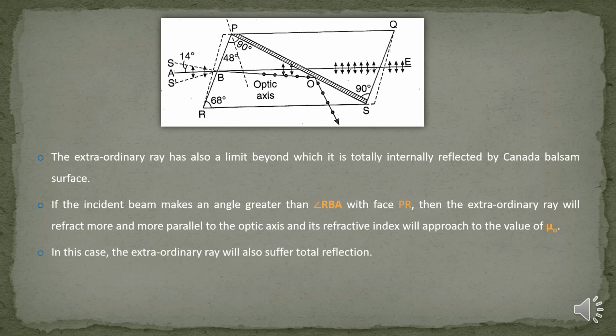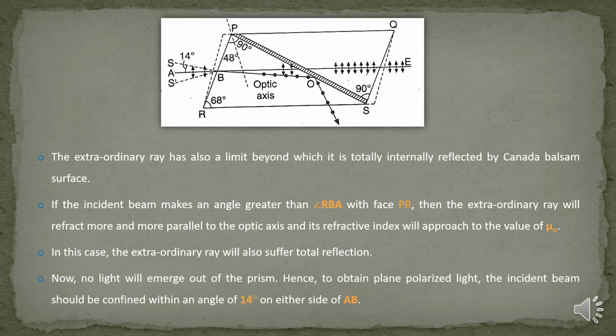In this case, the extraordinary ray will also suffer total reflection. Now, no light will emerge out of the prism. Hence, to obtain plane polarized light, the incident beam should be confined within an angle of 14 degrees on either side of AB.